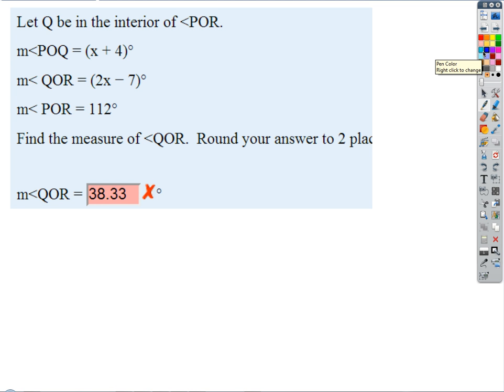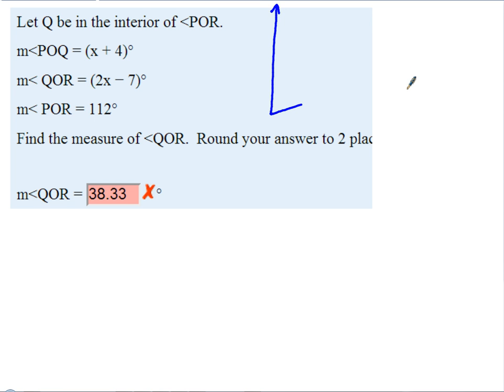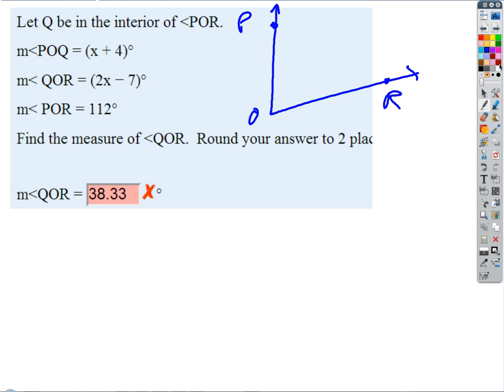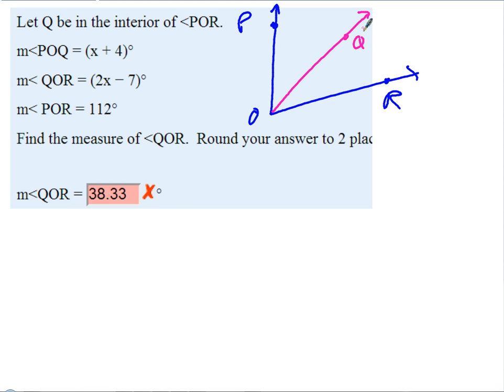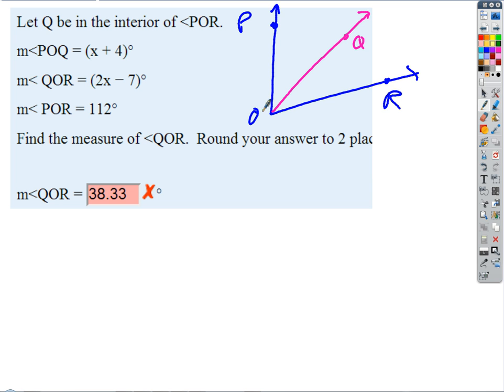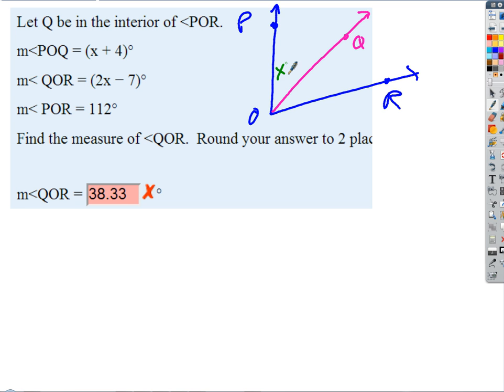They said Q is in the interior of angle POR. So that's going to give us a picture of something like that, right? There's P, there's O, there's R, and Q is in the interior. So there's Q. Okay, so we know that the measure of angle POQ is x plus 4.